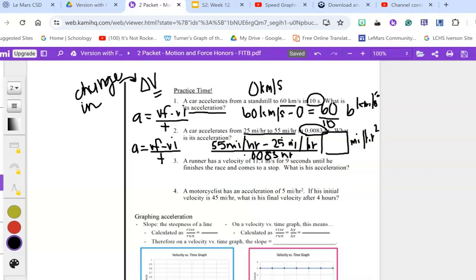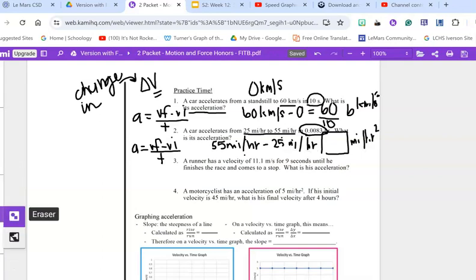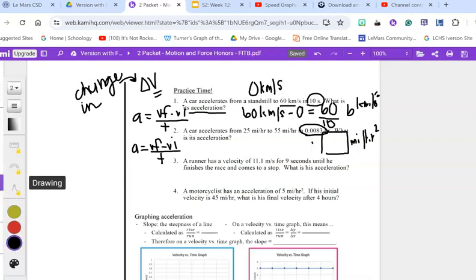Number 3, a runner has a velocity of 11.1 meters per second for 9 seconds, which means they're able to run at 11.1 meters per second for 9 seconds until he finishes the race and comes to a stop. What is his acceleration? A equals VF minus VI divided by T. I need to know the change in velocity, so the final minus the initial.